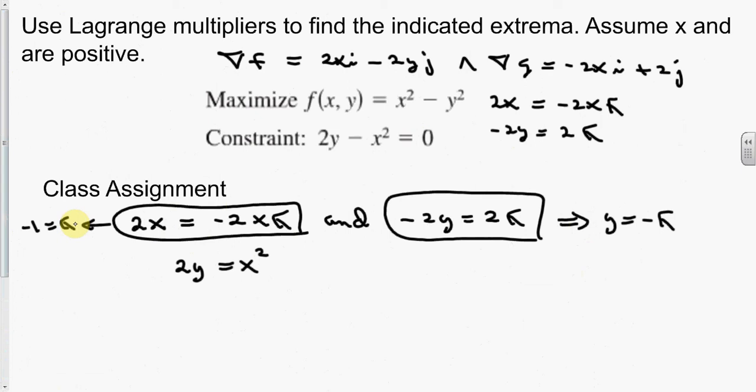So if lambda is equal to negative 1, and y is equal to negative lambda, that means y is equal to negative times negative 1, y is equal to 1.